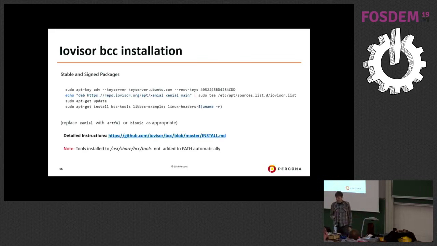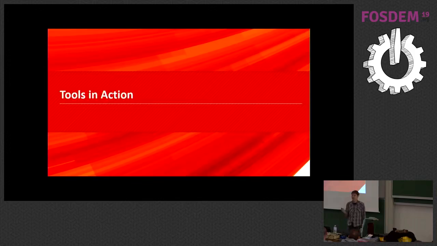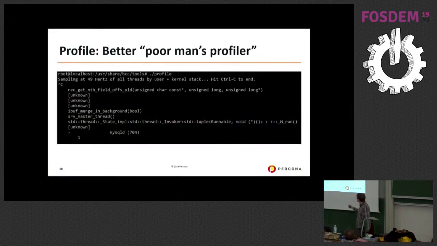Okay, let's now look at some tools in action which are based on eBPF. The first one is Profile, and that's the name of a tool. It allows us to trace a given program and look at where different threads are in the stack.